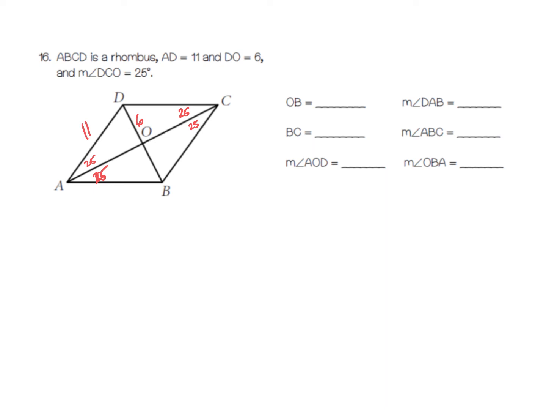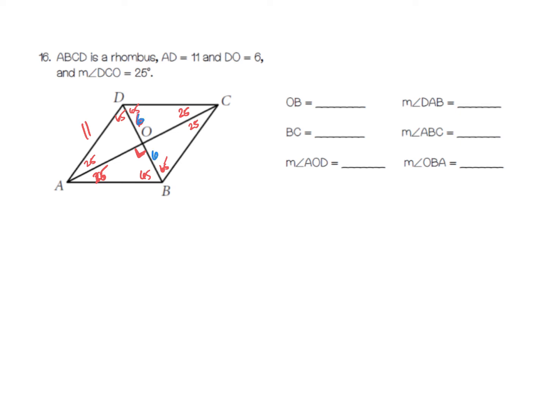We also know that the diagonals are perpendicular. Okay, so now I can find all the other angles there at D and at B. So 180 minus 90 minus 25 gives me 65. So all of these angles here are 65. We also know the diagonals bisect each other, right? So this is 6, this is 6.